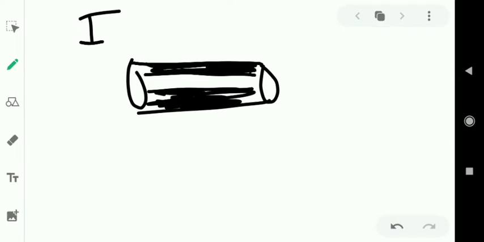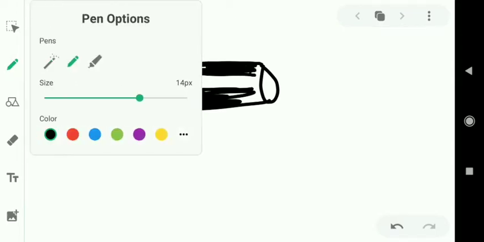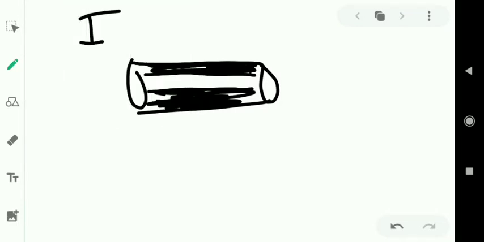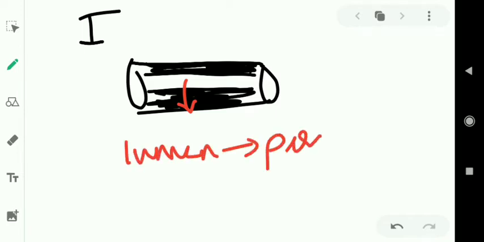What I'm talking about is from inside to outside, from the lumen to the periphery. It will have a total of three layers, one, two, three layers.